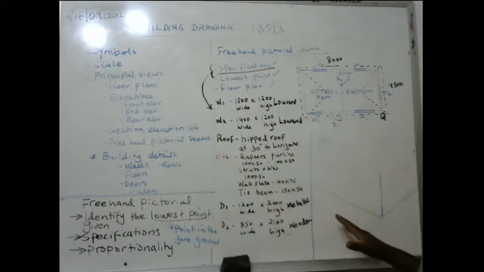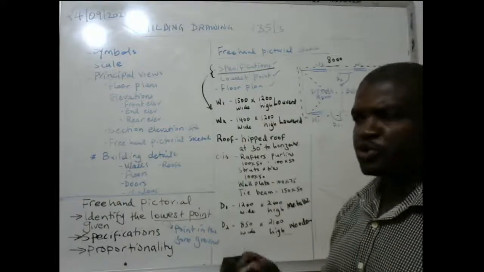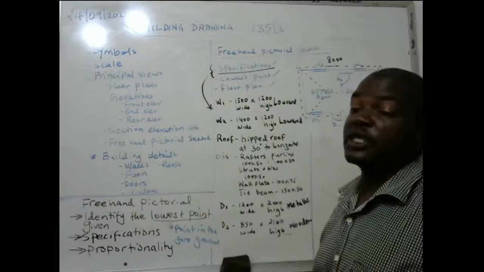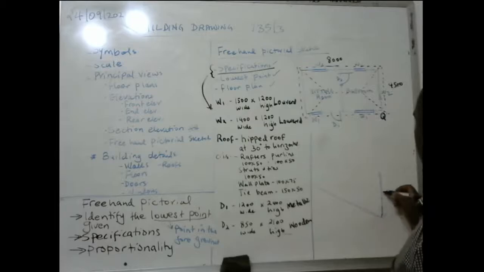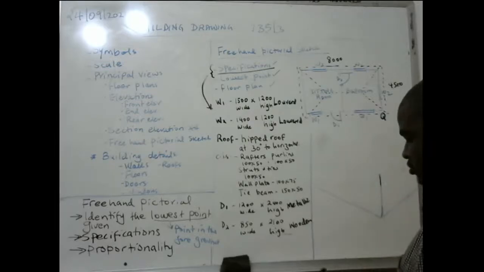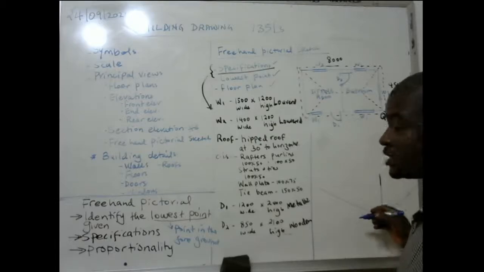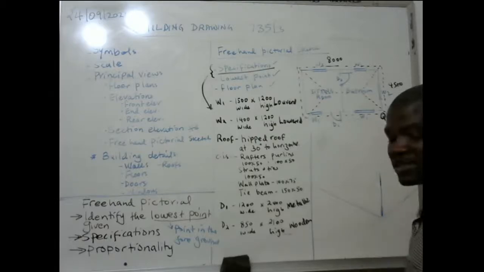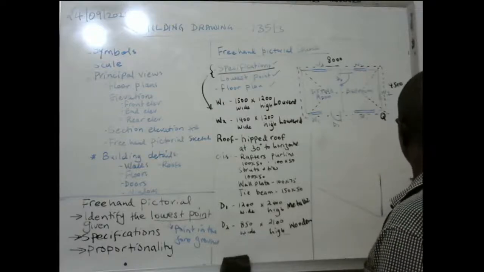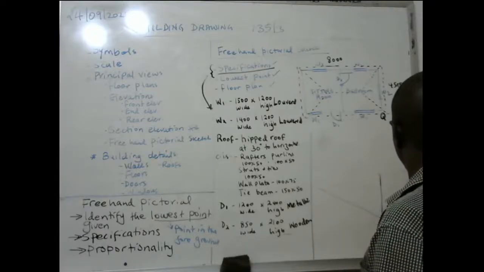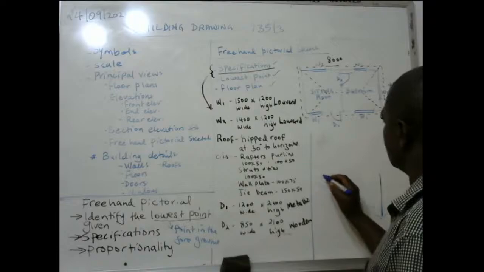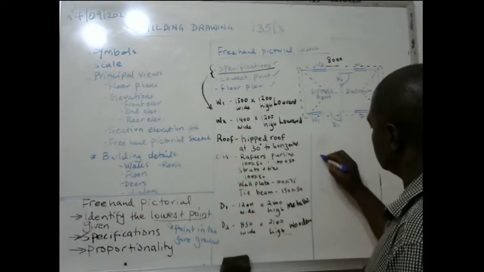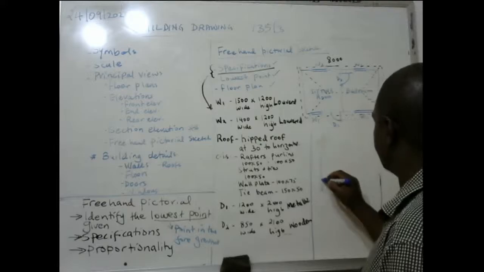So when you are making the freehand pictorial, we are not meant to take any measurements. Don't get your ruler to take any measurements, but by your eyes, and as somebody who is getting experience, skilled, by your skill and eyes, you say let this 4,500 end here, and then by your eyes again, say maybe let 8,000 end there.